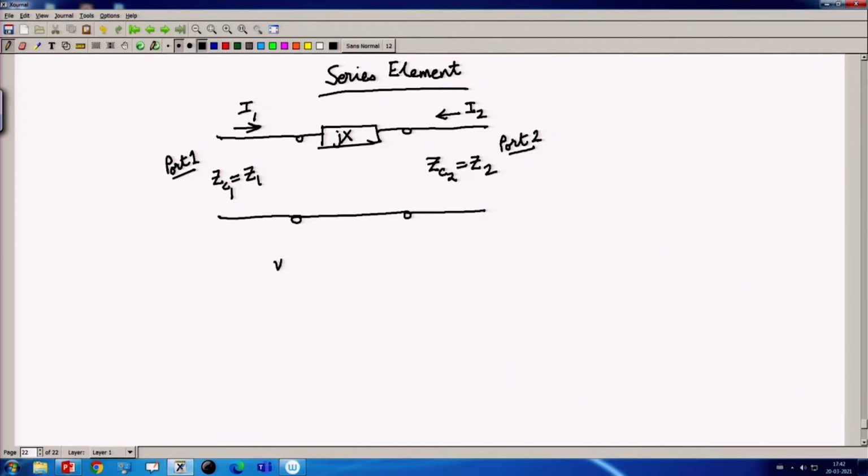So, we know that V1 minus bar, that is the normalized V1 minus, divided by the normalized V1 plus, is equal to S11.